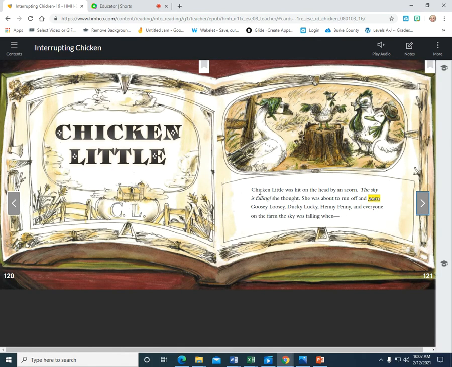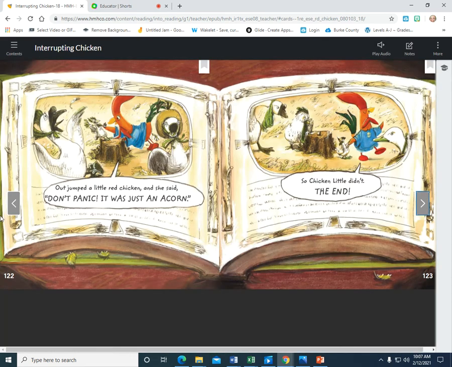Chicken Little. Chicken Little was hit on the head by an acorn. The sky is falling, she thought. She was about to run off and warn Goosey Lucy, Ducky Lucky, Henny Penny, and everyone on the farm. The sky was falling when out jumped the little red chicken, and she said, "Don't panic.